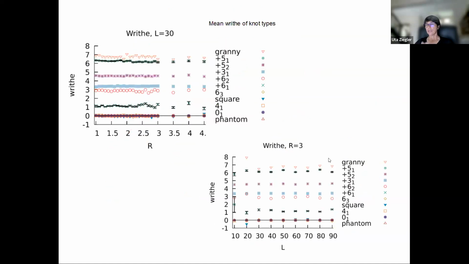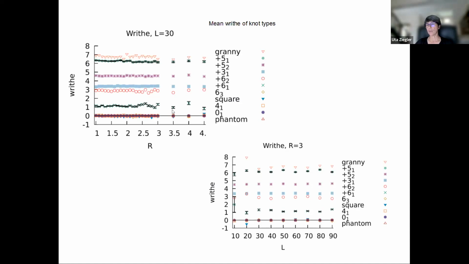The other thing, and I think people have said this before, we looked at the mean height of the knot types, and here we have the radius of confinement, and here we have the height based on up to 6 crossing knots. The phantom, the unknot, the 4-1, the square, and the 6-3 are all basically averaging to 0.